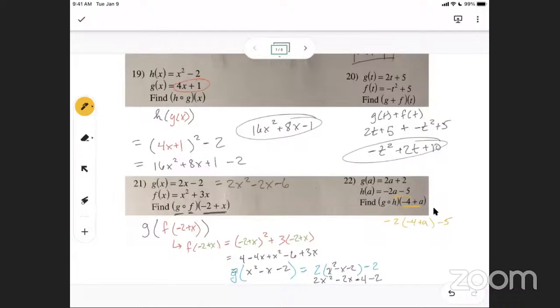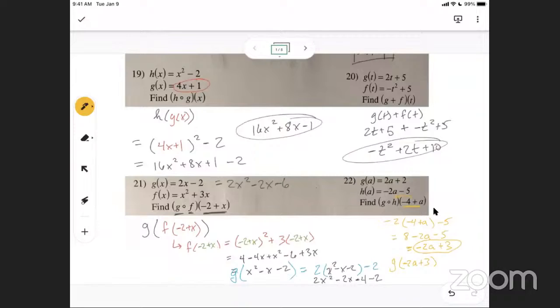I'm plugging that in, and I get 8 minus 2a minus 5, which is minus 2a plus 3 when I simplify it. So that's h of that mess. So I want to find g of negative 2a plus 3. I'm plugging that into g now.